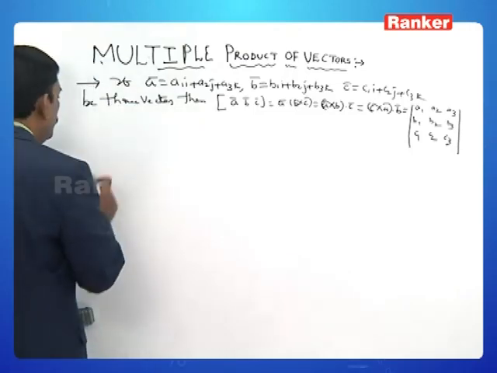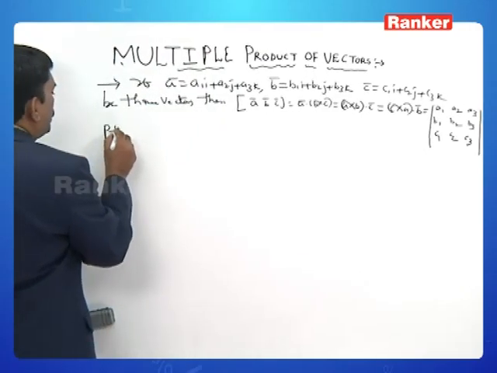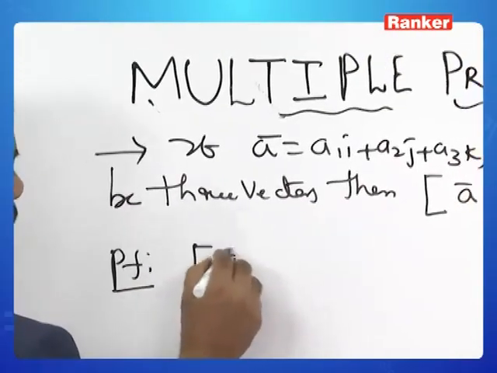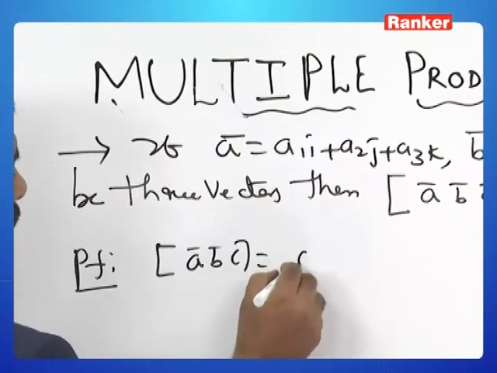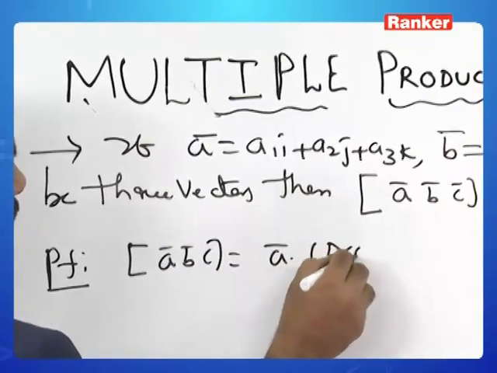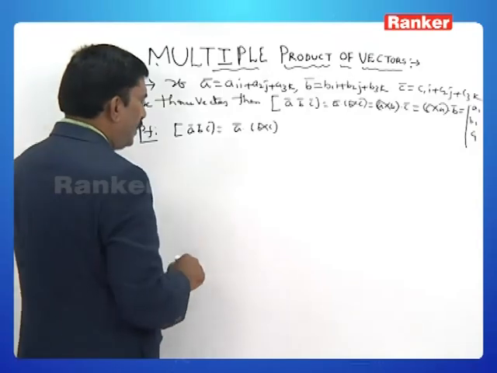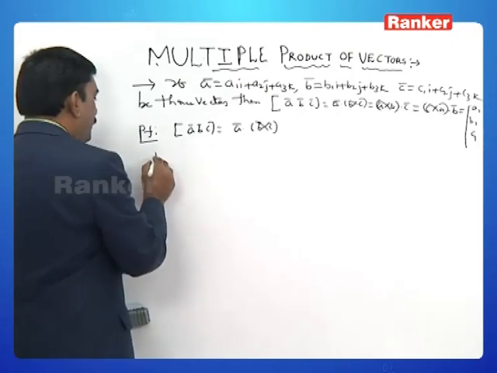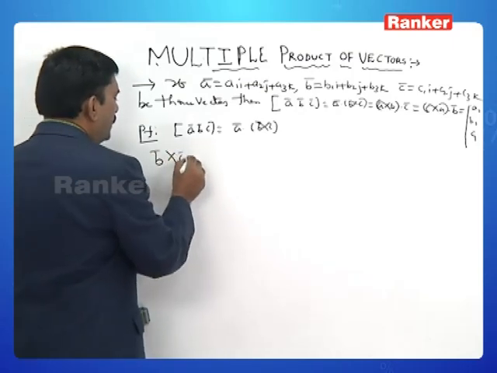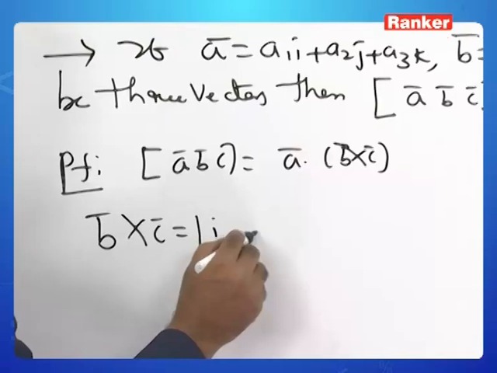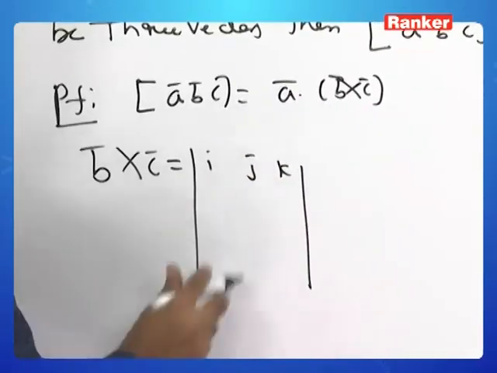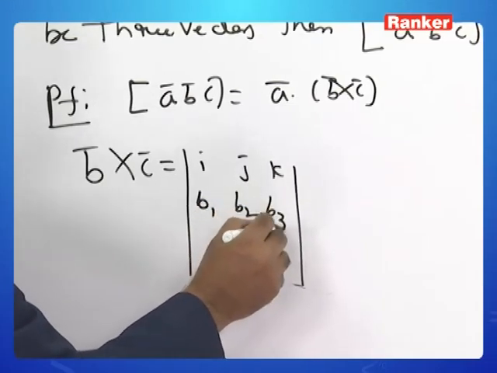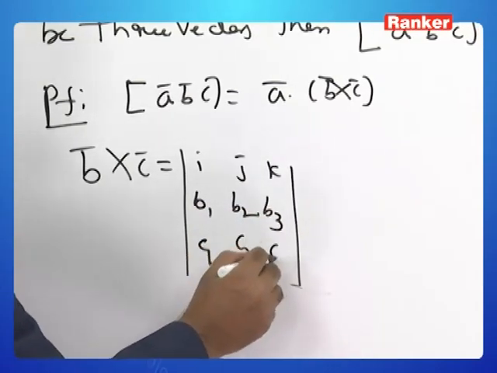Now the proof of this one is very simple. I can take box of ABC as A dot of B cross C. But B cross C is a vector, so I will first find B bar cross C bar. This is equal to the determinant with rows i, j, k; B1, B2, B3; C1, C2, C3.